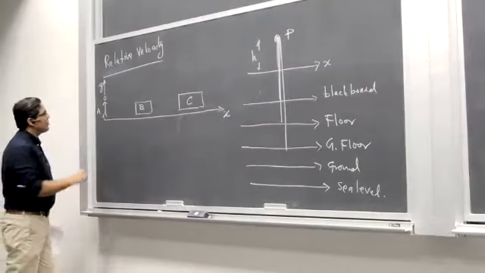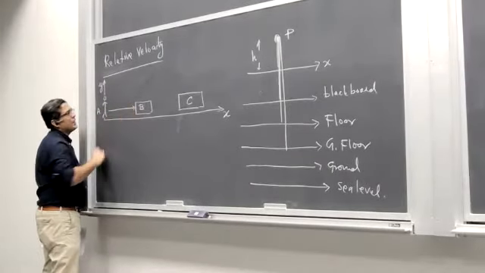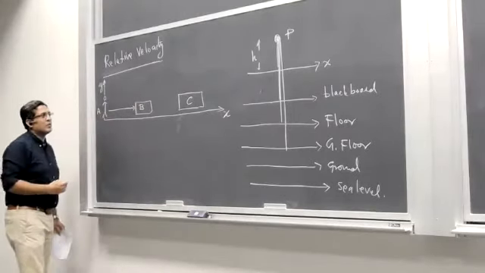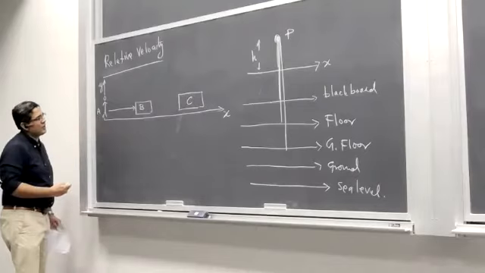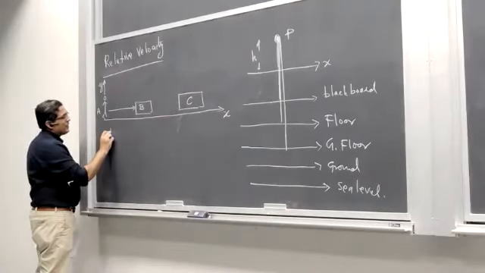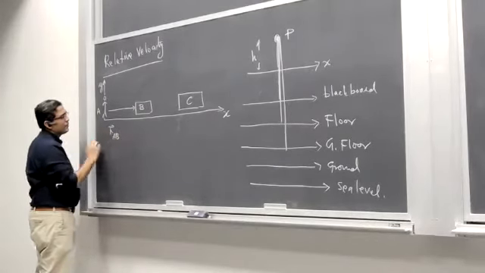Okay. Now there is a position vector from A to B. So the position of car B with respect to the frame of reference or this observer which sits at the origin, we can write it as RAB. Okay.